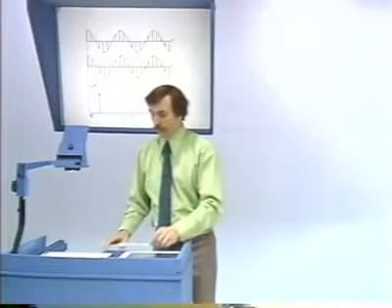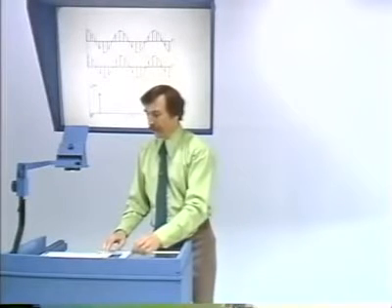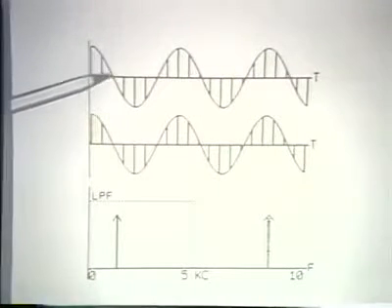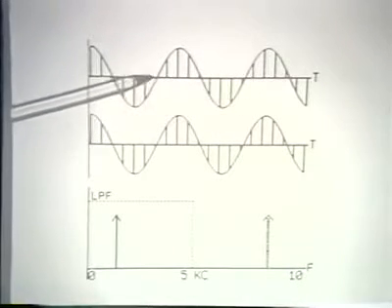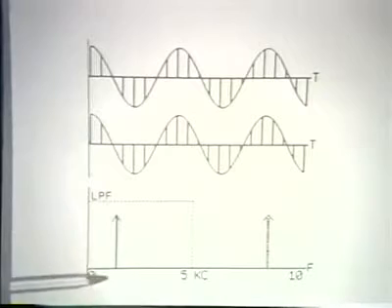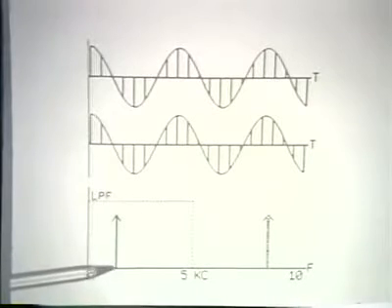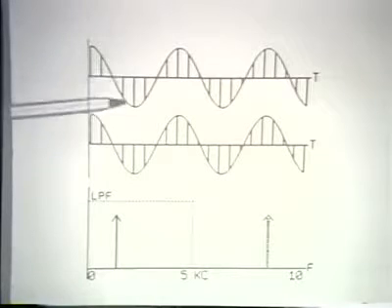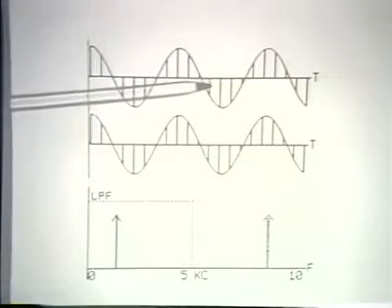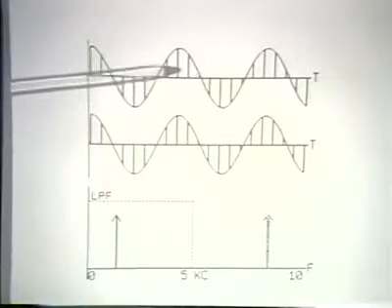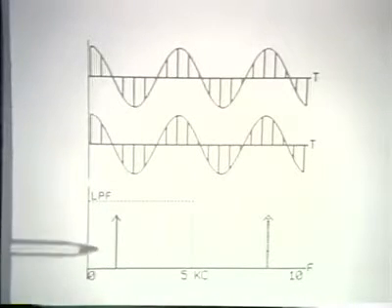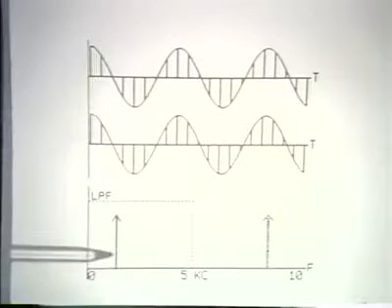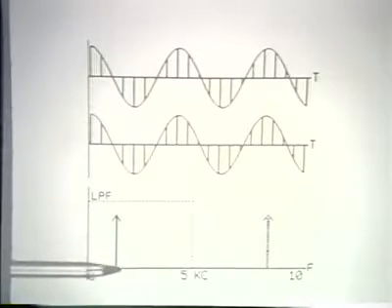Well, what we have is an input signal, a sinusoidal signal, and the spectrum or Fourier transform of that is an impulse in the frequency domain at the frequency of the sinusoid. We then have samples of that, and when we sample that, and for this particular example it's sampled at 10 kilohertz, this spectrum is then replicated at multiples of the sampling frequency.